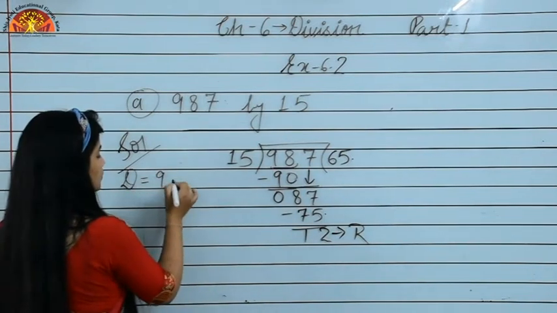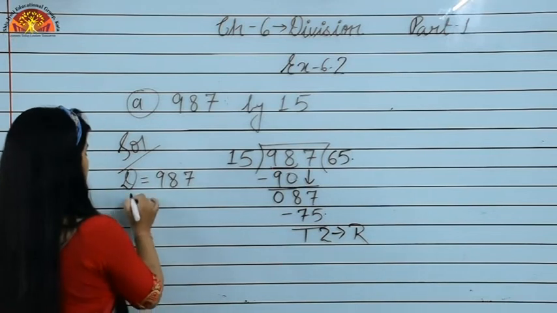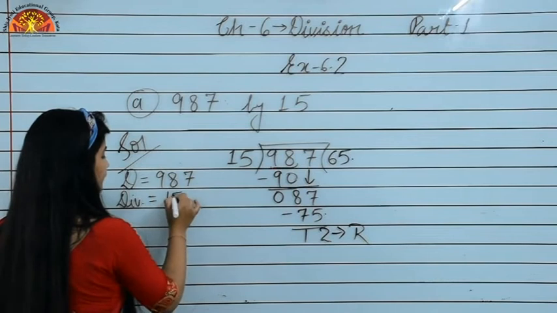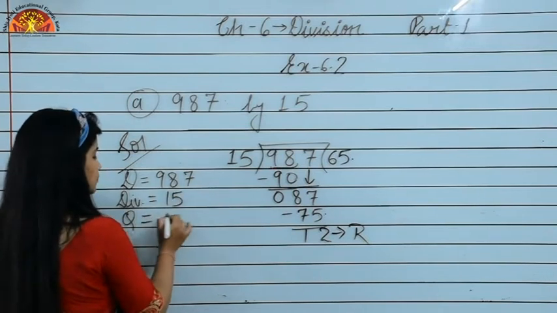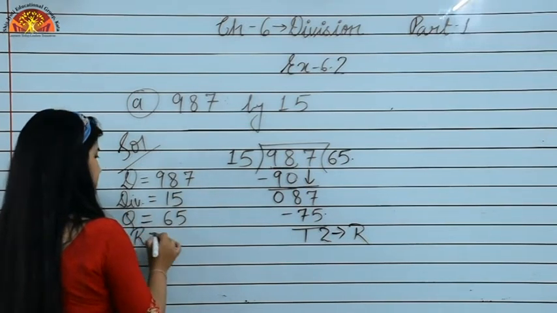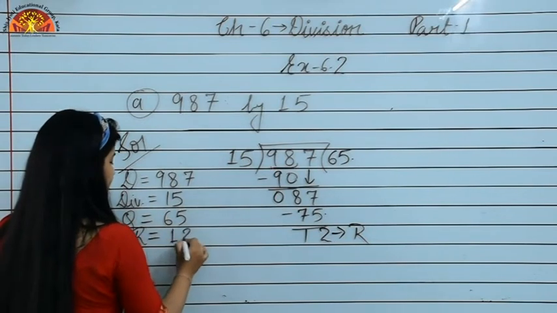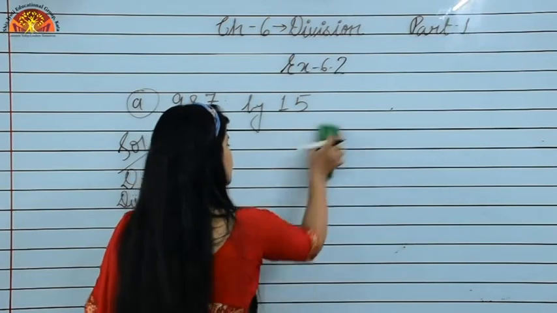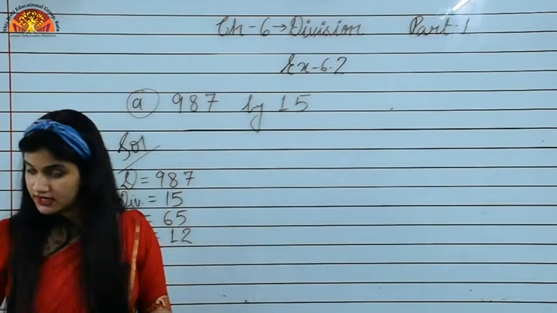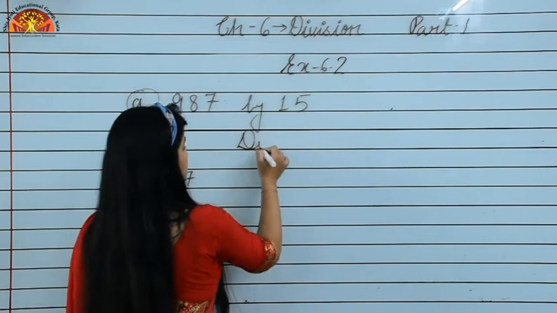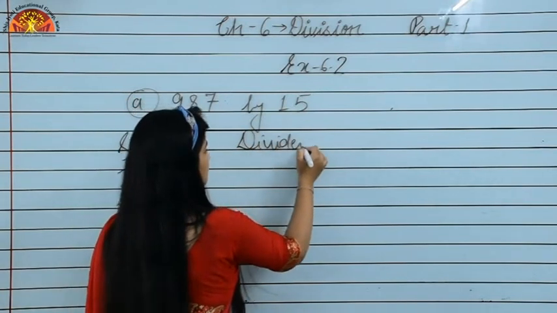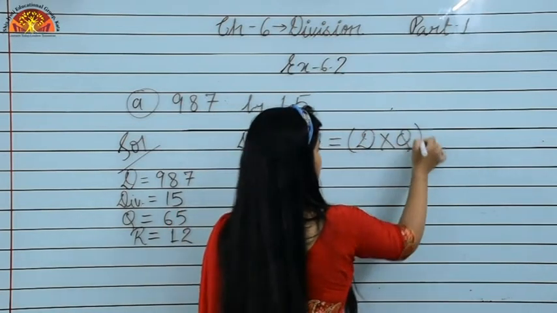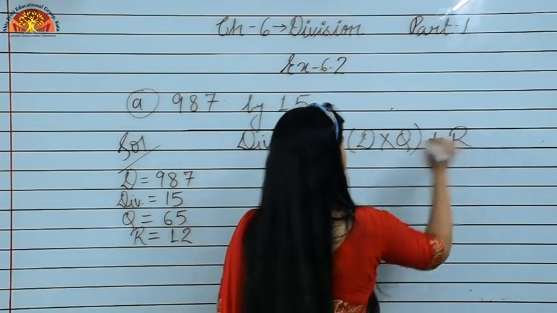Dividend is equal to 987. Divisor is equal to 15. Quotient is equal to 65 and the remainder is 12. So as I have told you, to check your answer you have to use the formula, and the formula is dividend is equal to divisor into quotient plus remainder.